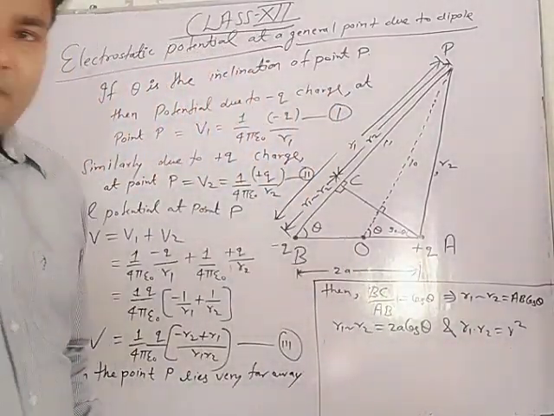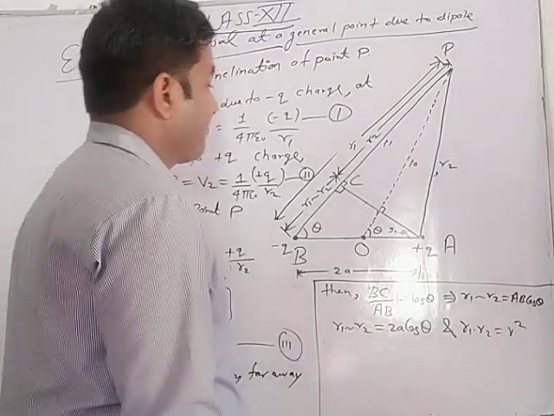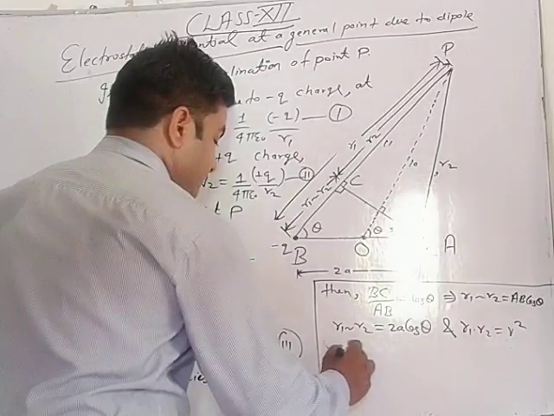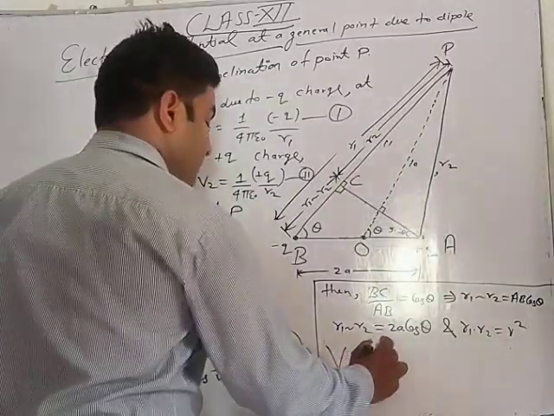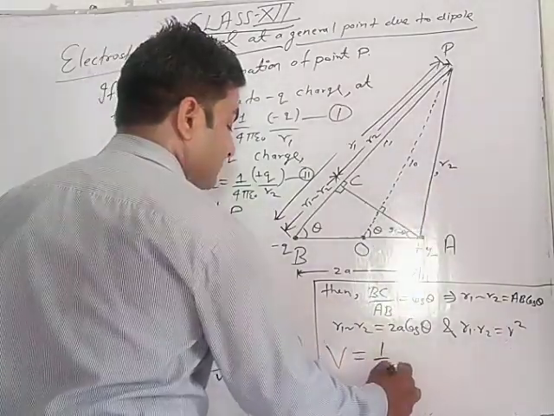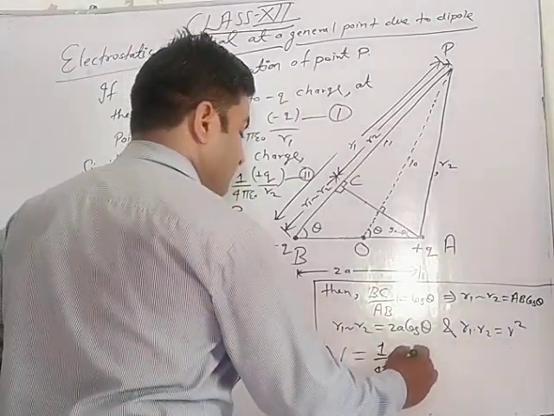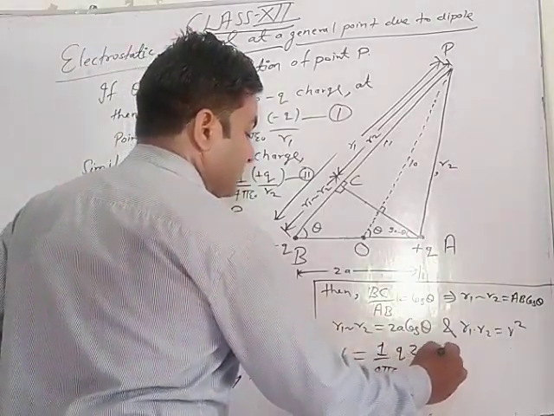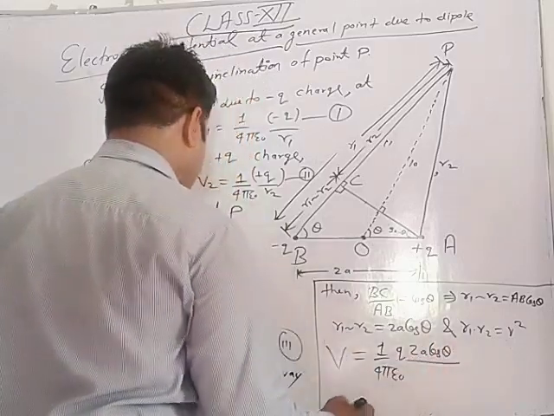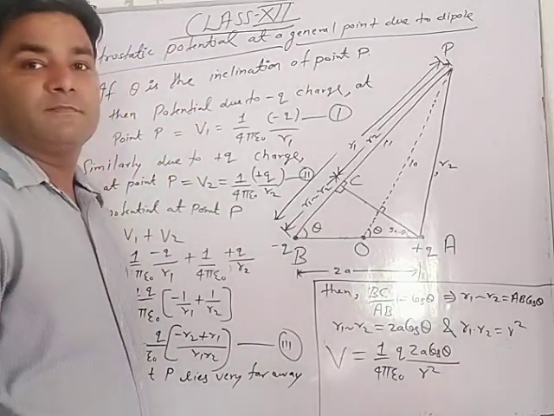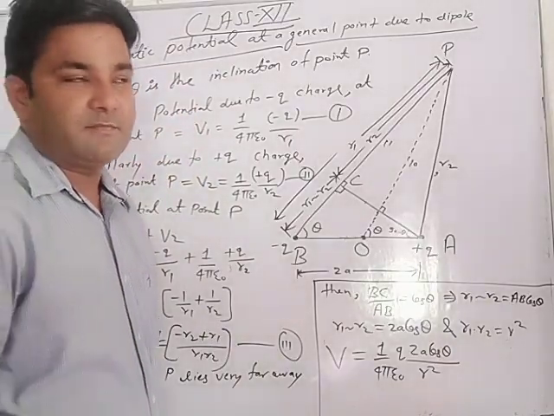Then after this step, from equation 3, V is equal to 1 upon 4 pi epsilon naught, Q into 2A cos theta, and R1 into R2 is equal to R square. And Q into 2A means that is P, the dipole moment.